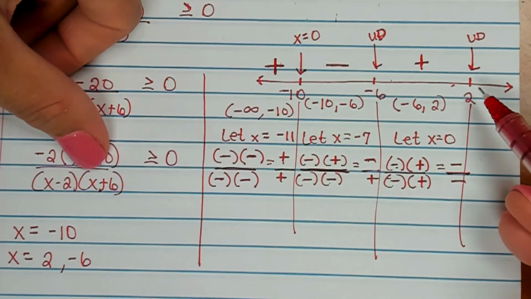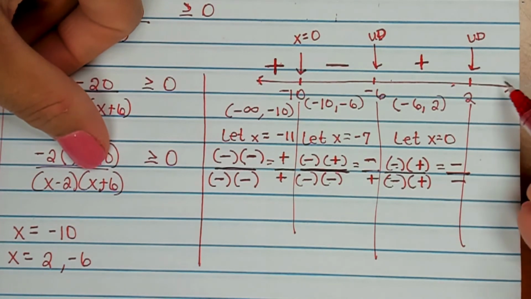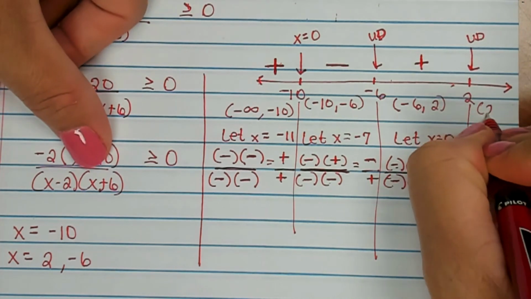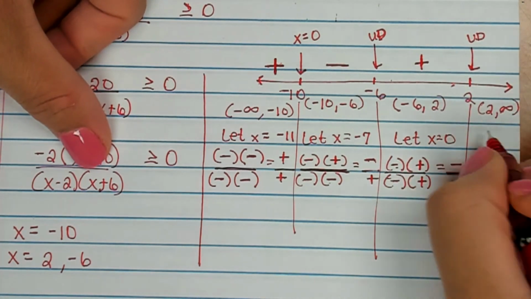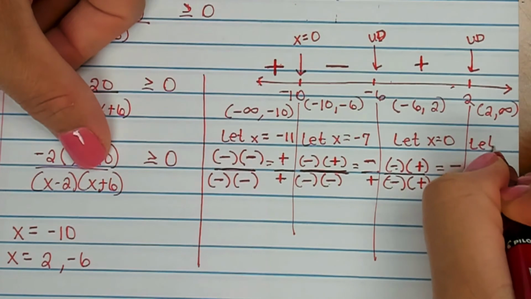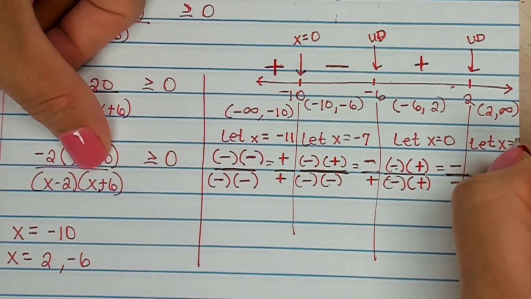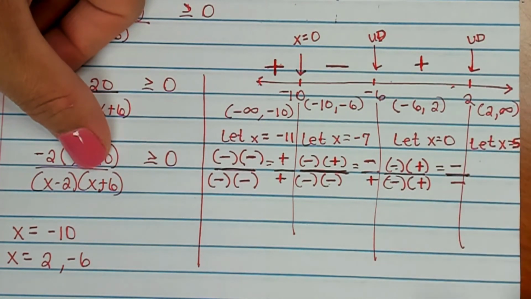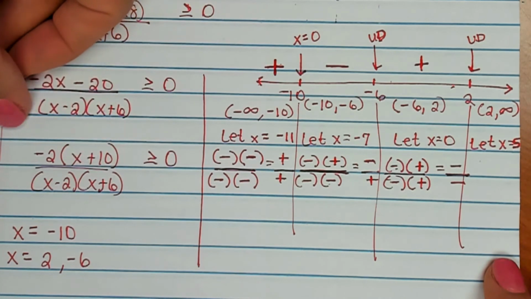Okay, my last piece is to check this last interval there. And again, that interval is from 2 to infinity. And I can choose any number, but I'm going to let x be equal to, and I'm running out of room, but I'm going to put 5 there. Let x be equal to 5.